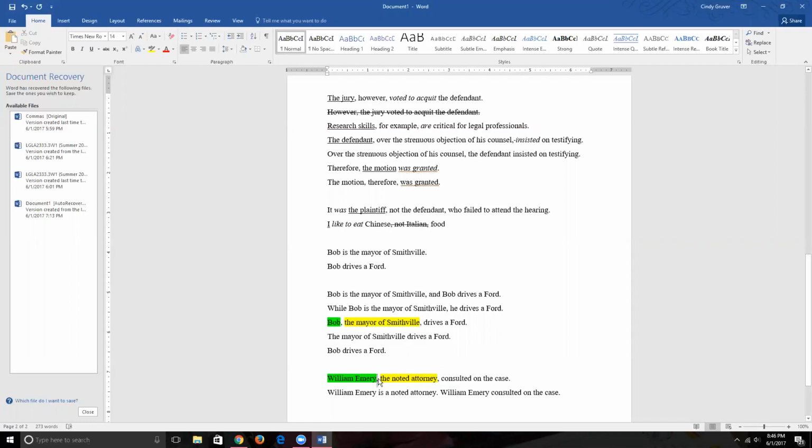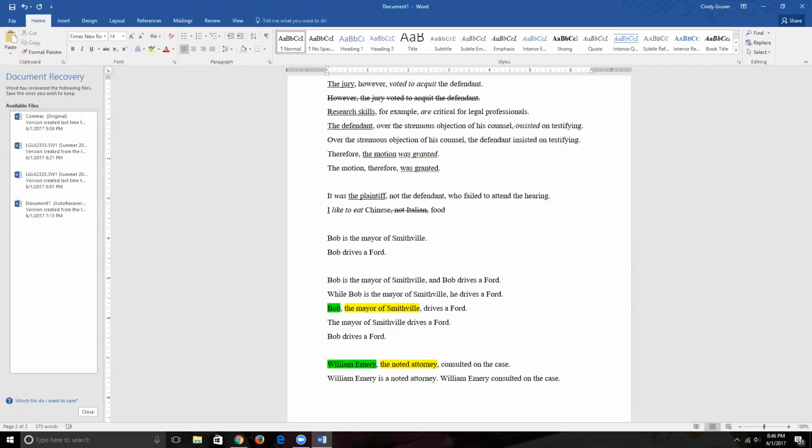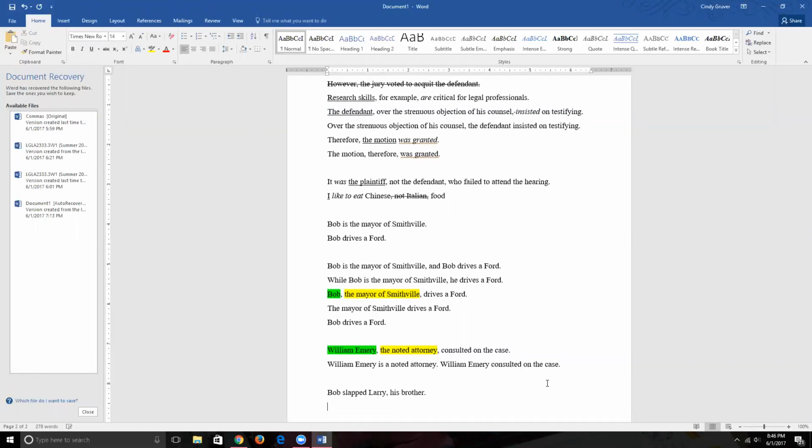So you put a comma right after the word coming immediately before it, and then you put a comma right after the last word in the appositive, unless you would be using some other punctuation. I mean, it might be that that's the end of the sentence. So for example, Bob slapped Larry, comma, his brother. Okay, well, apparently it's true that Larry is Bob's brother.